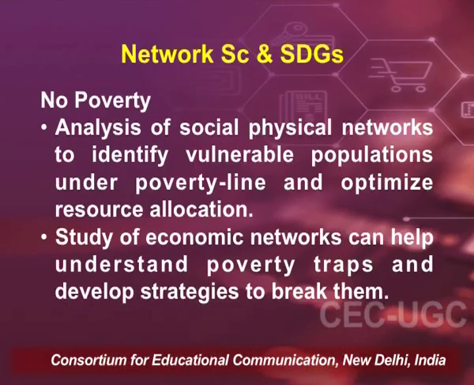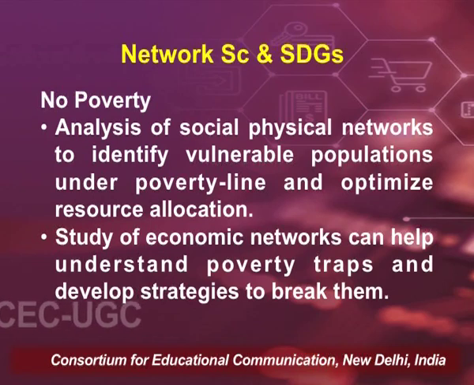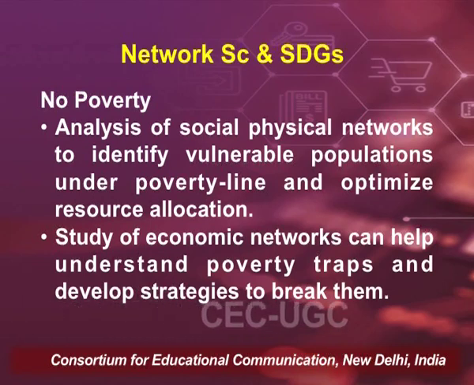So here we can analyze the social physical networks and try to identify which section of the vulnerable population is under the poverty line, and can we provide those people with optimized resources.